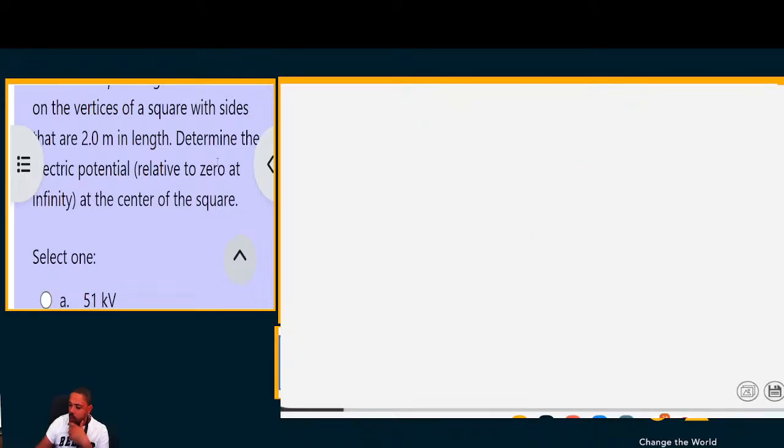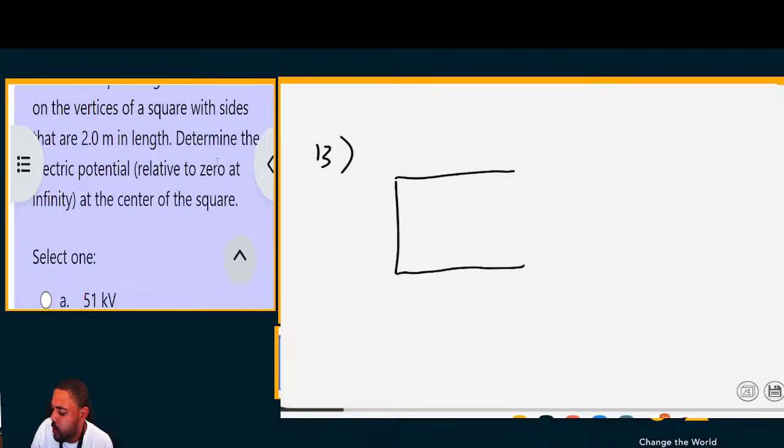Okay, so again, we have a square, but in this case, they tell us that the side length is 2 meters. So we have a square with charges at the vertices. There are charges, that means at the corners.